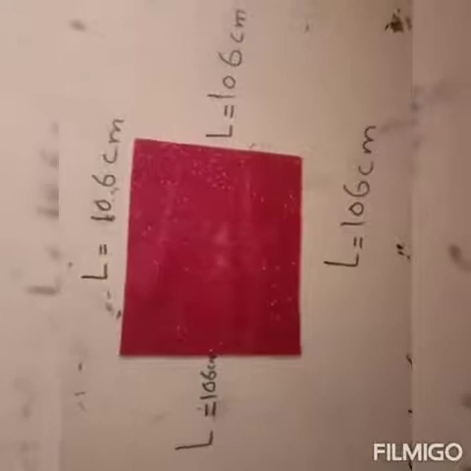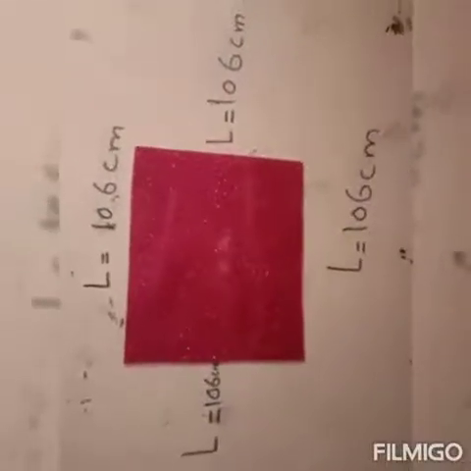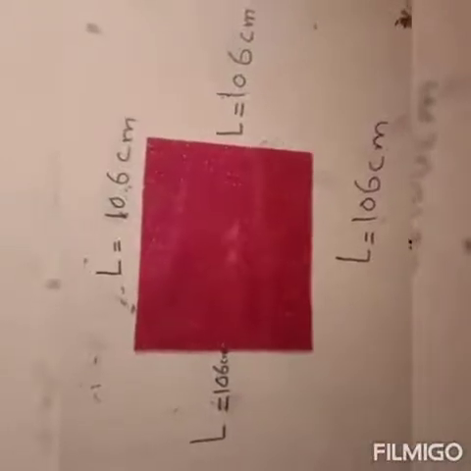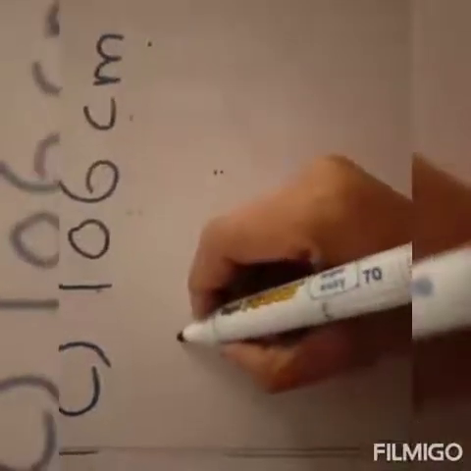Let's move on to C part. Okay students, now C part is 106 centimeter. It means all four sides of a square are equal to 106 centimeter. Now we will put the value in the formula and we will get perimeter. We will write solution.